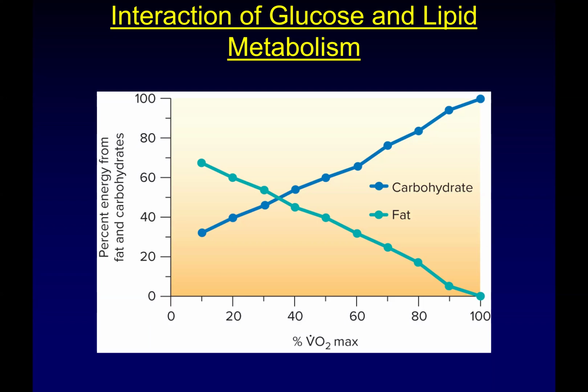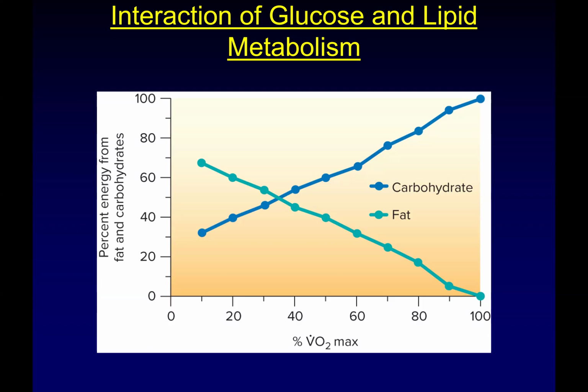So as you go from rest to walking, you use more carbs, less fat. As you go from walking to jogging, even more carbs, less fat. And there will be an exercise intensity, likely somewhere over a pretty brisk jog where you're doing very high intensity stuff, where a majority of your calories that you're burning are going to all come from carbohydrates.